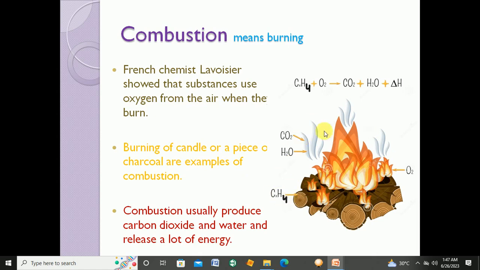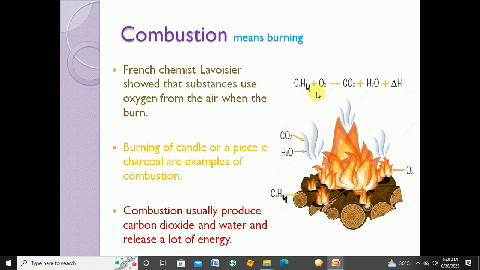Here is a picture of the process of combustion where pieces of wood are burning, undergoing combustion. This picture shows that oxygen is being used in the process of combustion, and water and carbon dioxide are being released during combustion.